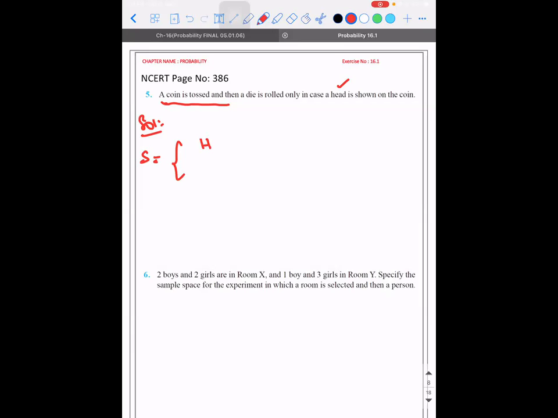I'll roll a die. So what will follow this? H1. If I get head, I'll roll a die. I can get H2, I can get H3, H4, H5, H6. Whereas if a tail is shown, what will you do?